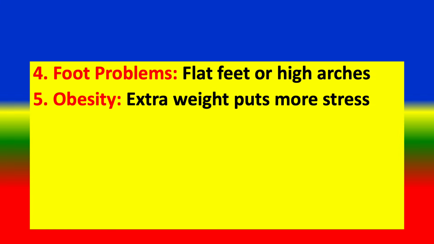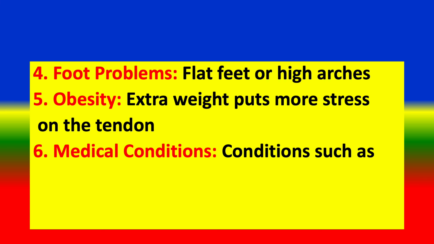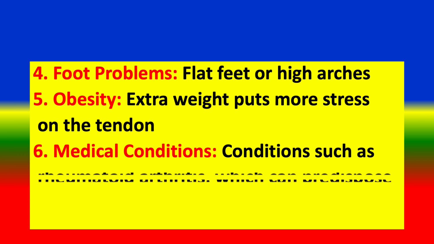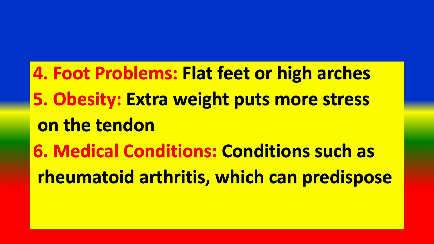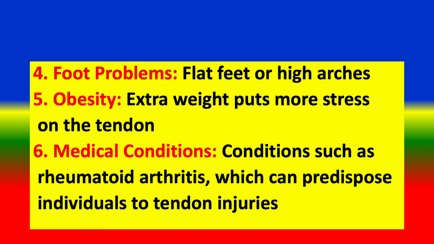Foot problems, flat feet or high arches. 5. Obesity, extra weight puts more stress on the tendon. 6. Medical conditions such as rheumatoid arthritis, which can predispose individuals to tendon injuries.